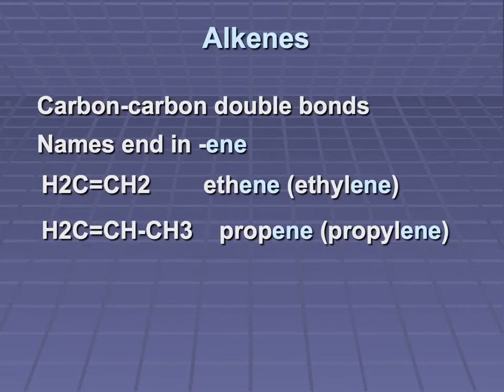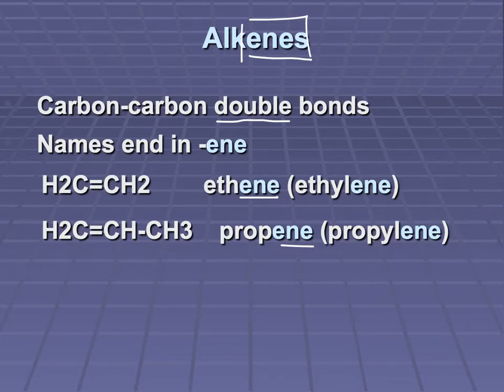All right, so we are going to talk about alkenes first. So an alkene is where we have a double bond between the carbon atoms. So since it ends in -ene here, we change the ending, as you can see, to -ene if it contains a double bond, all right?